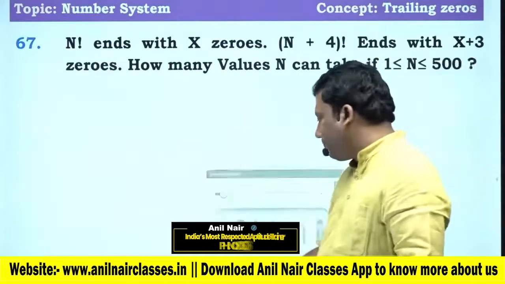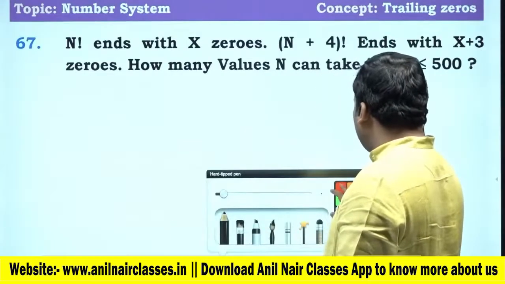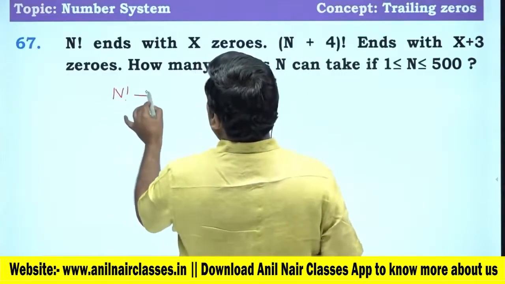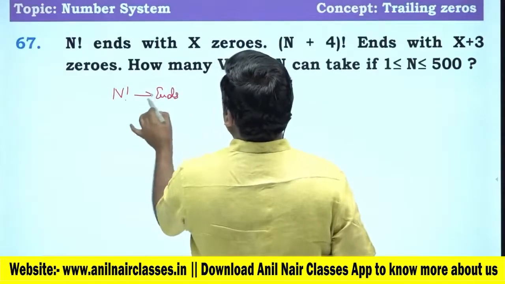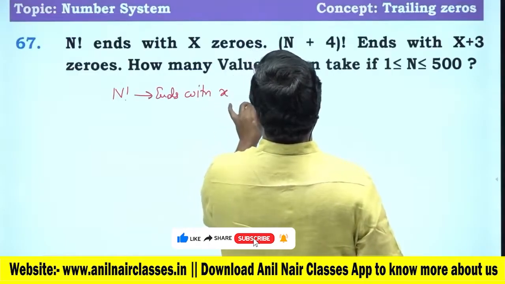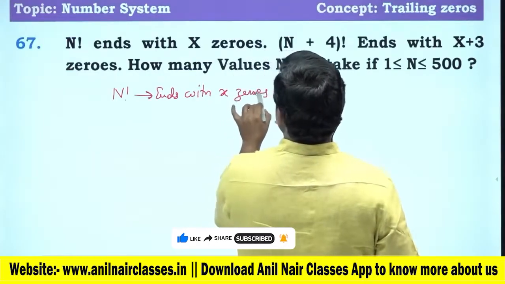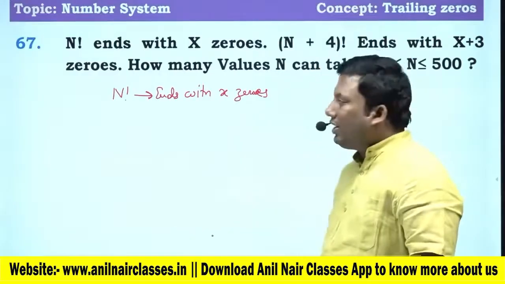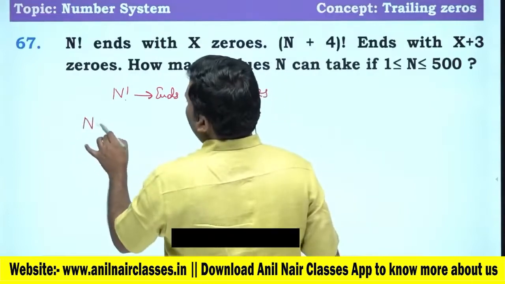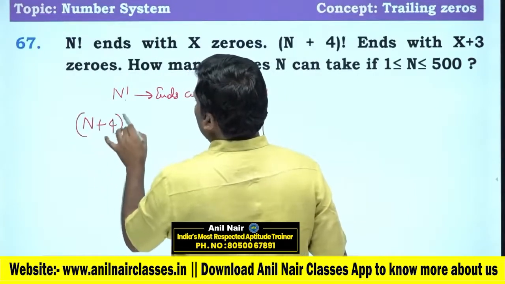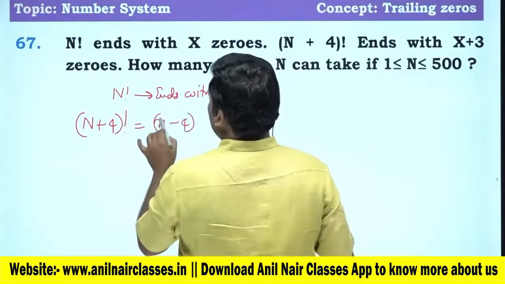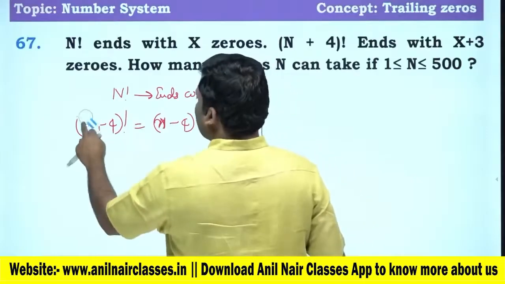Now another question. Read the question. N factorial ends with x zeros. N plus 4 factorial, let me take all small.